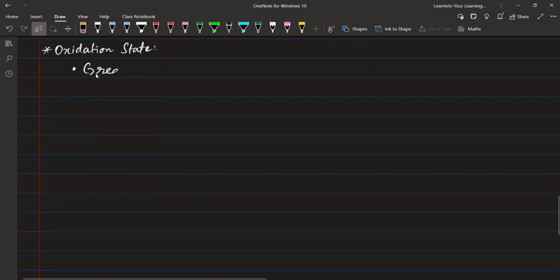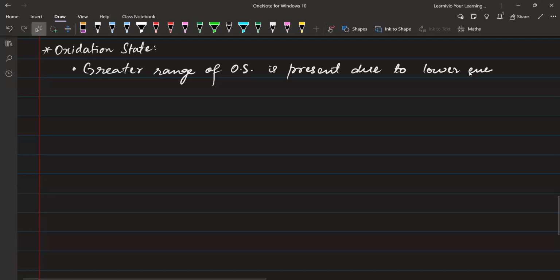Greater range of oxidation state is present due to lower energy difference between 7s, 6d and 5f subshell.